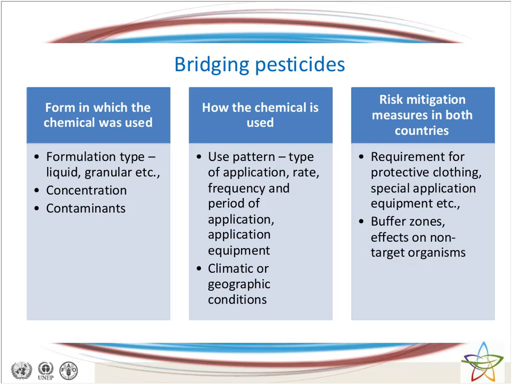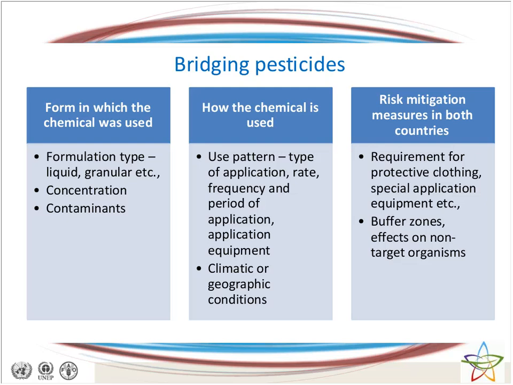In particular, if the pesticide is in granular form or liquid form, it should report the concentration and the formulation in which it is, other contaminants, or the type of formulation that is done at the country level.